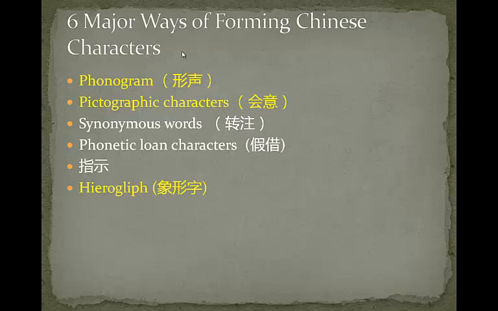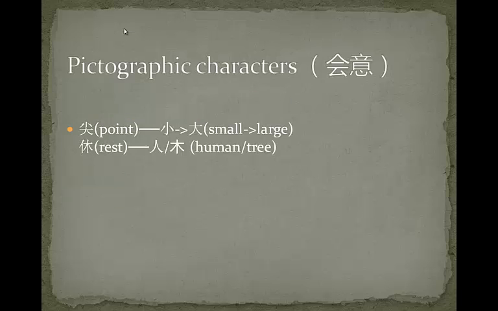It's easier to memorize if the character falls into this group. And second one, 会意, the whole character picturizing the meaning. Remember, like this one, like xiu, a person leaning against a tree, having a rest.